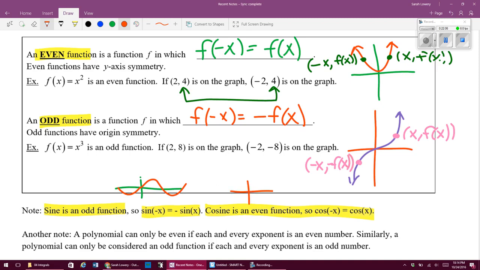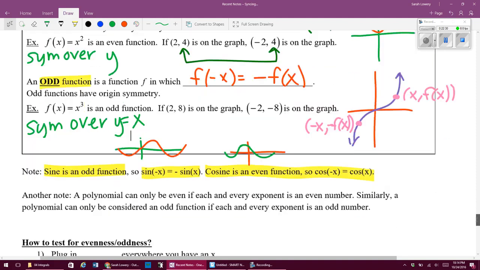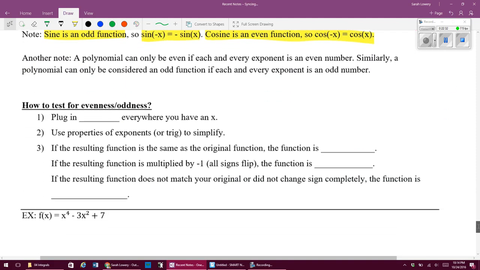My cosine graph is symmetric. So when you see even, I want you to be thinking about symmetry over y. And an odd function is symmetry over y equals x.